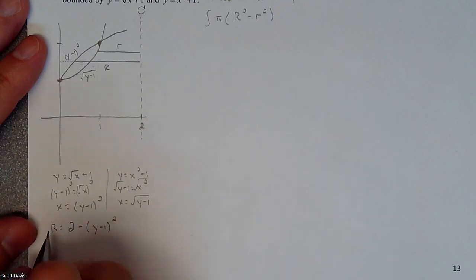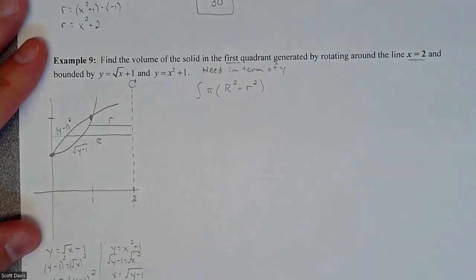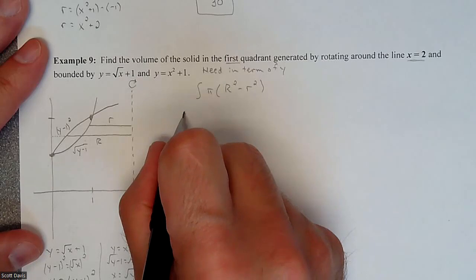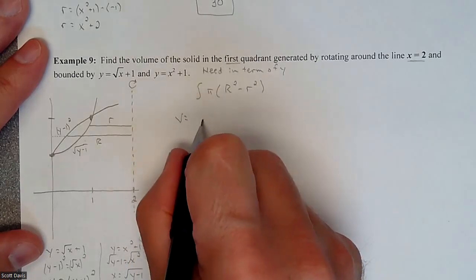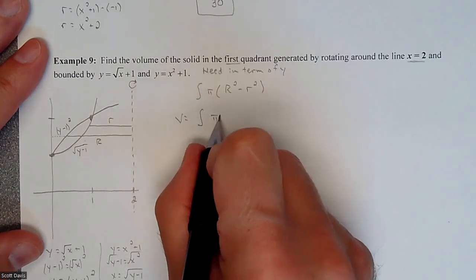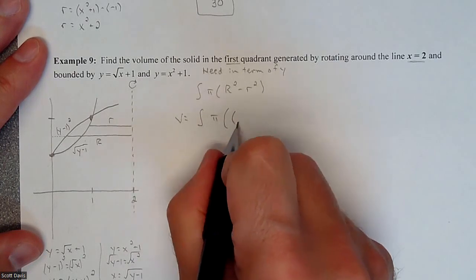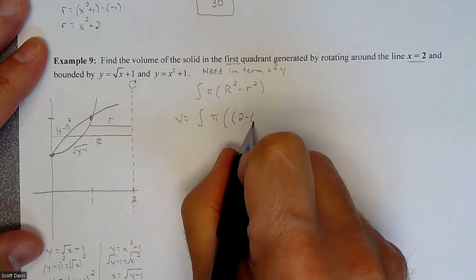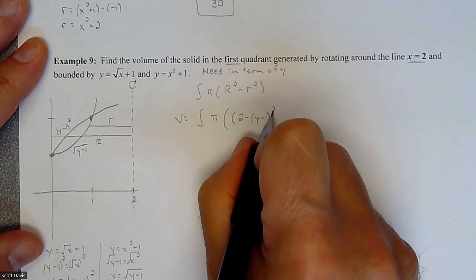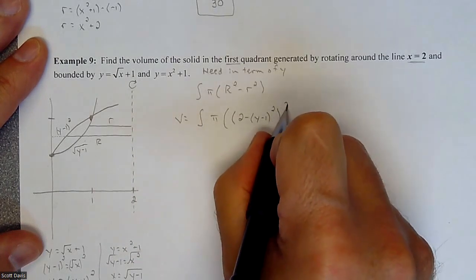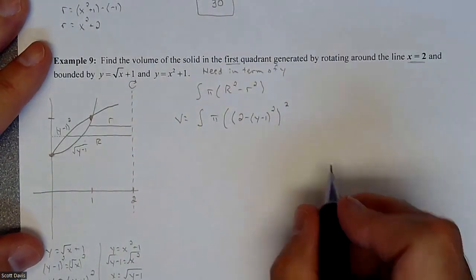Okay, so that's going to be big R. So to do our volume, it's going to be 2 minus y minus 1 squared, squared. So there's our big radius squared.